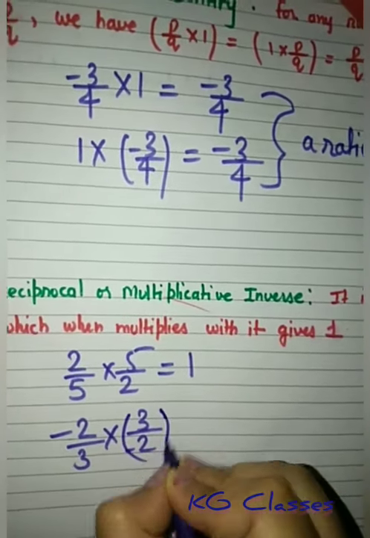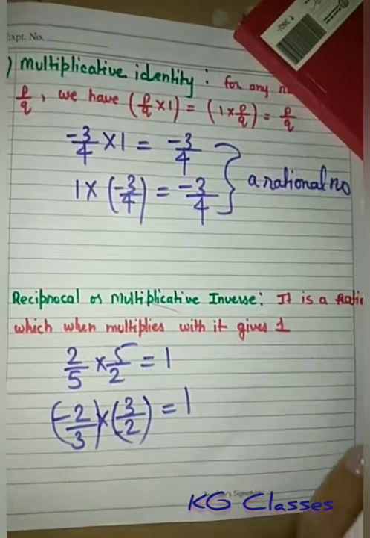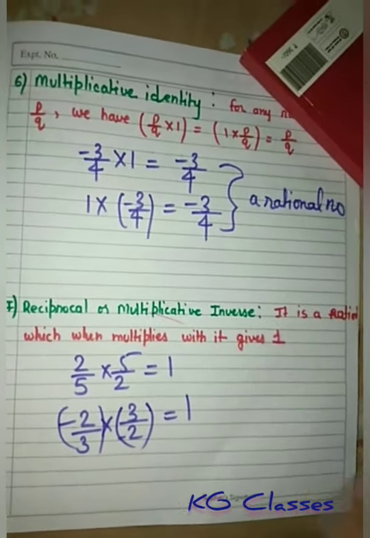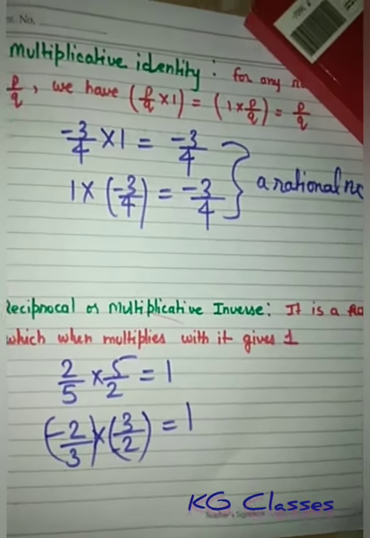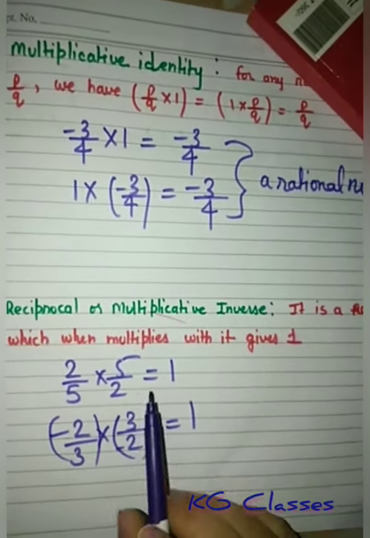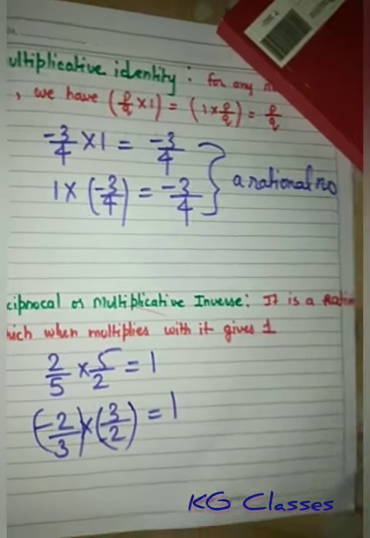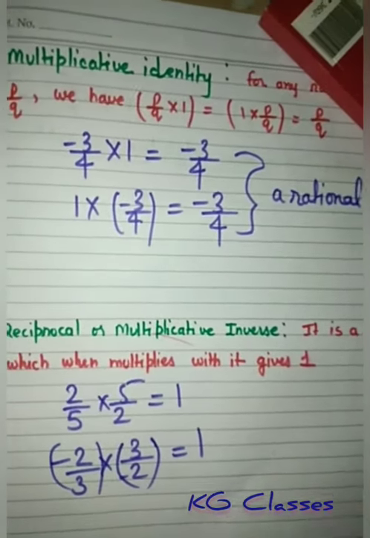In both situations, we will get end result 1. So this is called reciprocal or multiplicative inverse. So 2 by 5 is multiplicative inverse of 5 by 2, and 5 by 2 is multiplicative inverse of 2 by 5. Similarly in this case.